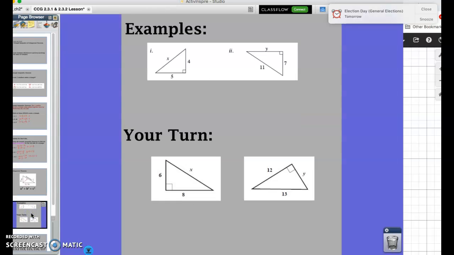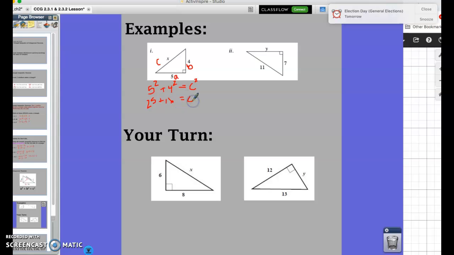All right, so here are our examples. First one here, remember A and B are always the legs, C is the hypotenuse. So I'm going to set up 5 squared plus 4 squared equal to C or X squared. A squared plus B squared equals C squared. So 5 squared is 25. 4 squared is 16.